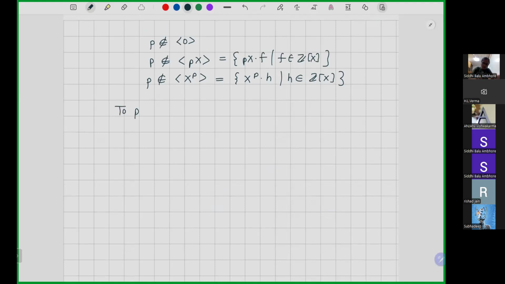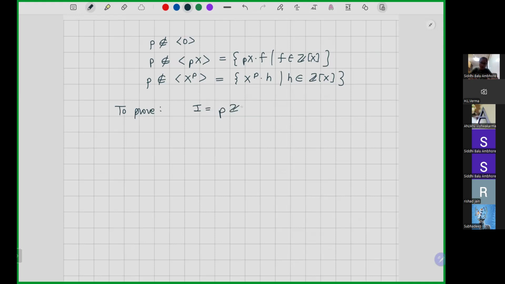Like, to prove I is equal to this PZX quotient with it. And when we take quotient, what will we get?